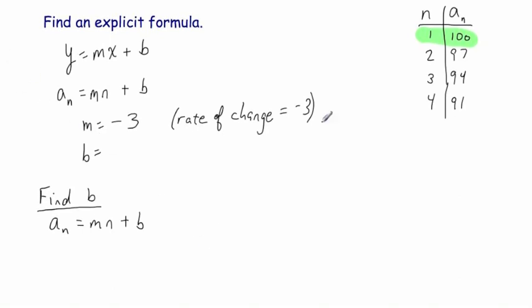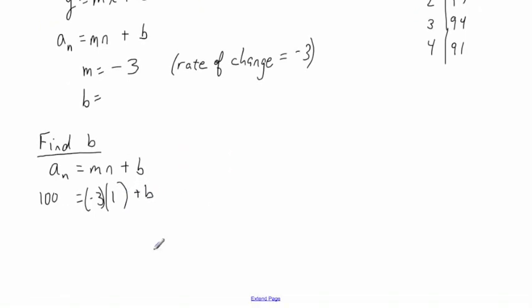So I'm going to substitute in my values. A sub n is 100 equals, I'm going to substitute in my slope, which is -3. Substitute in my n, which is 1. My unknown is b. So when I solve this equation, I should find out what b equals. Simplify here, -3 times 1 is -3.